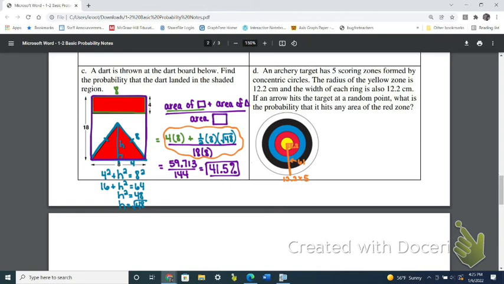It says, what is the probability that it hits in any area of the red zone? So if I just want the red, I don't want the yellow, I am going to have to find both of them. So it's going to be area of red minus the area of yellow divided by area of the total circle.